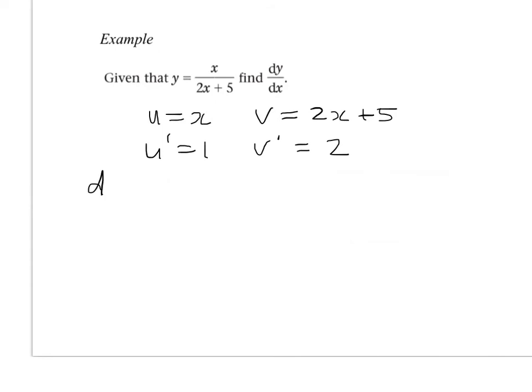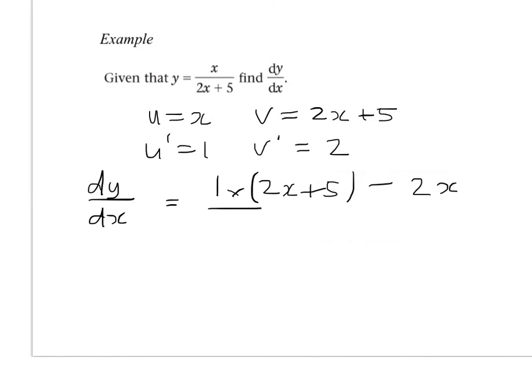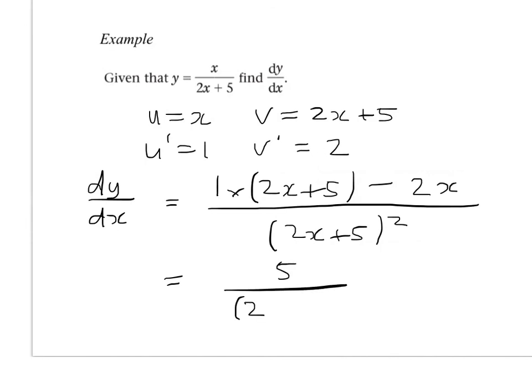So I know that the derivative with respect to x of this function is u dash v, just using the formula, minus v dash u over v squared. Simple enough. And the top line we've got 2x plus 5 minus 2x, so we just end up with 5 over 2x plus 5 squared.